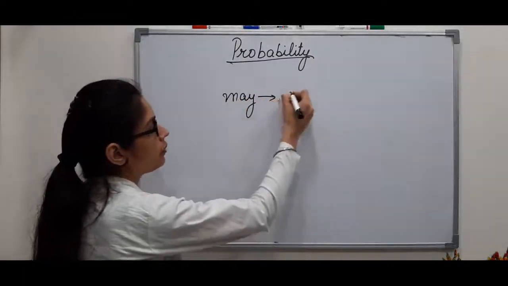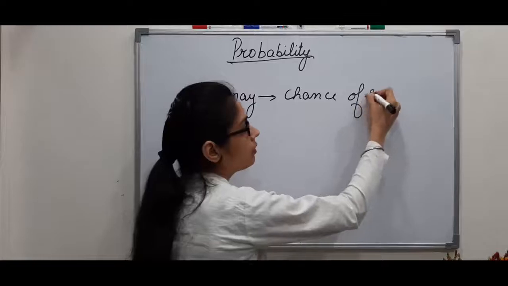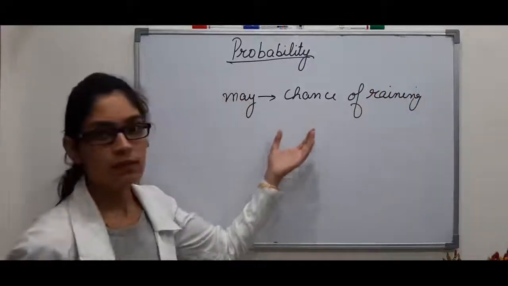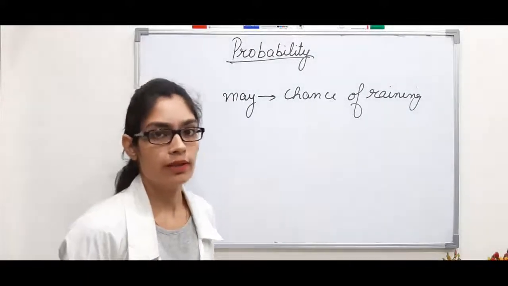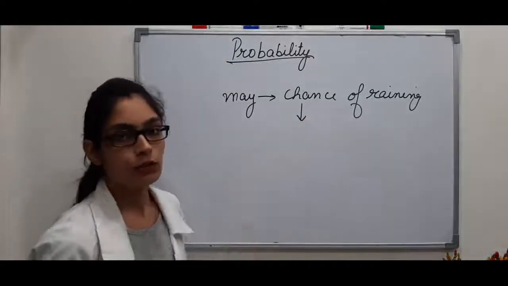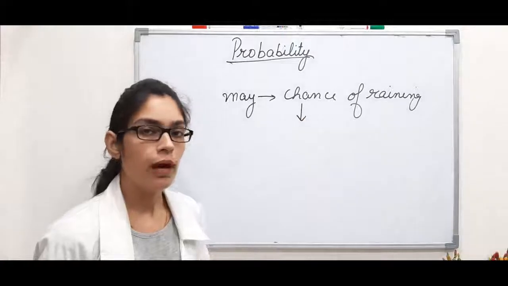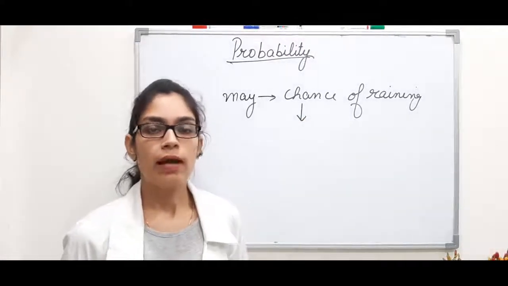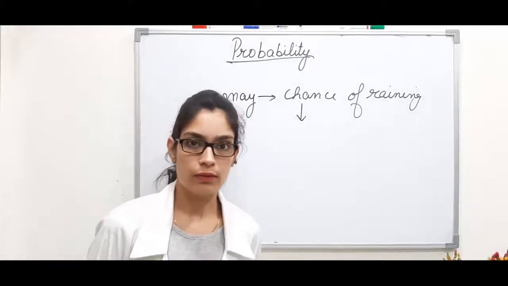May is suggesting me the chance of raining, which means it is a likelihood, but it's not 100% surety. So this chance, this is the actual meaning of probability, a chance or likelihood of happening of an event. And you will understand it more clearly while solving the questions or while coming across the different scenarios.